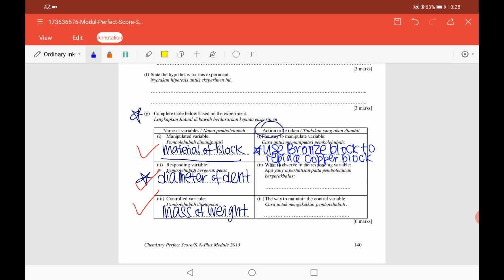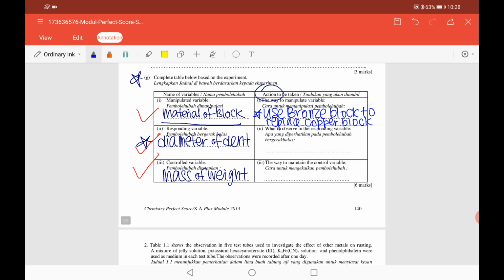So next one. What to observe in the responding variable? In this case, they ask you what to observe. When you come to observation, better you use these two words. The first word is "measure". The second word is "record". So you write the words measure and also record. What do you want to measure and record?